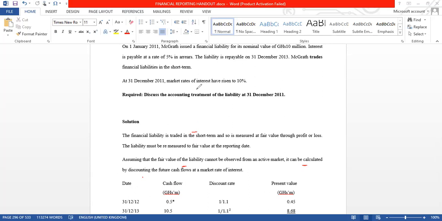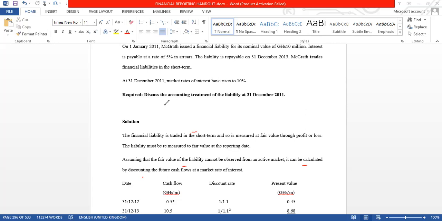So what you see here is, what are the repayments? You have to pass through the business model test and the contractual cash flow test. The business model test is that the people will hold the investment to the end, and the cash flow test is that it's just principal and interest.